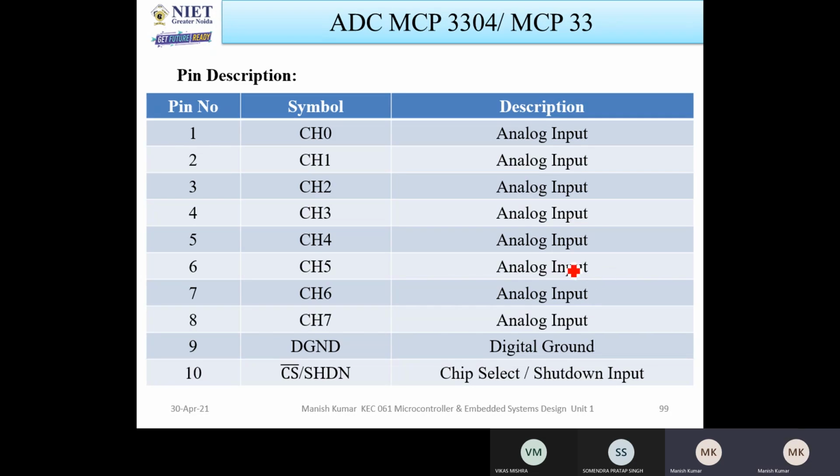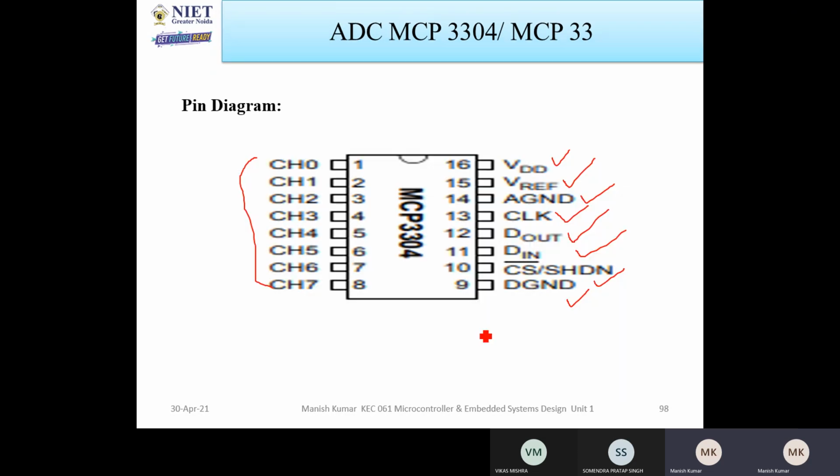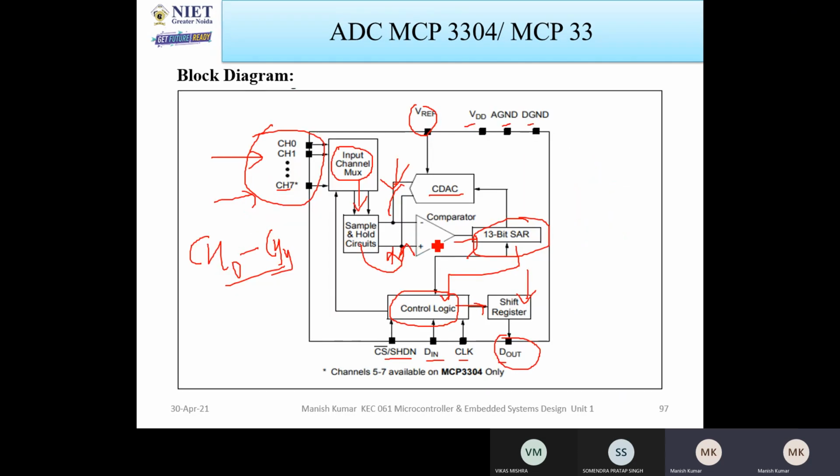I already discussed pin number 1 to 8. Pin number 1 to 8 is all about analog input, so it will take the analog input. You can see what the comparator will compare: one is the analog signal coming through the input, and another is from the reference voltage.